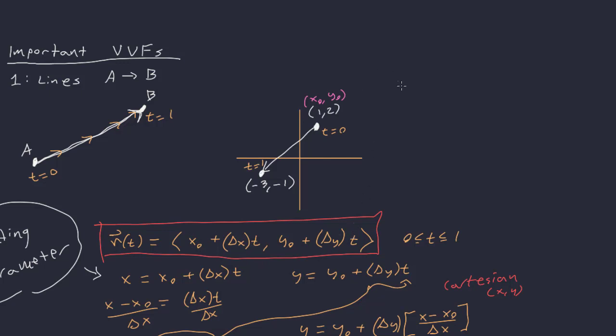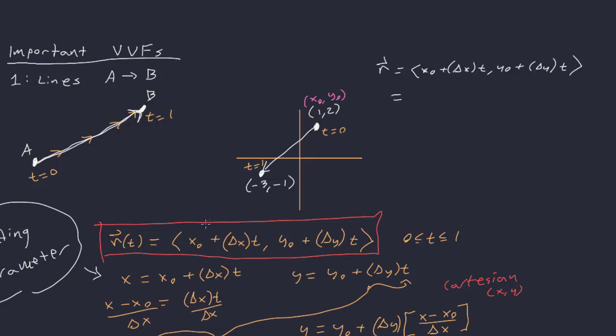So if r is x naught plus delta x times t, comma y naught plus delta y times t, okay, our starting point is the x naught, y naught. When we're in Cartesian form, we have a little bit of leeway.